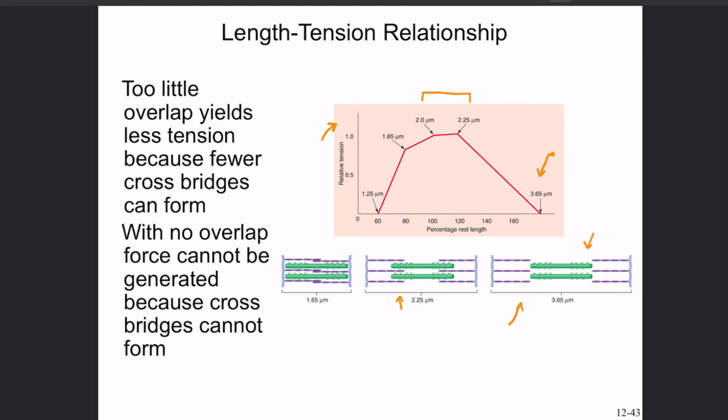If it's too overlapped, and remember this is at rest, that's not going to be efficient either, because even though they are able to form cross bridges, there's not going to be much room for shortening. And this can occur if there's a disorder in thick filament generation.